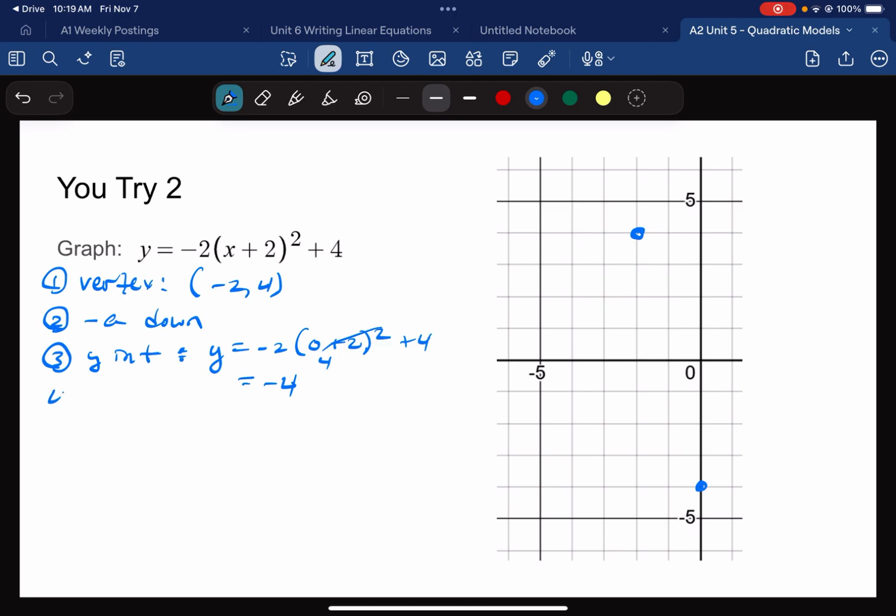Our AOS, axis of symmetry, is x equals -2. So here at -2, I can mirror now my y-intercept, 2 units to the right, bounce 2 units to the left, and then I just need my x-intercepts. So set y equal to 0 this time.